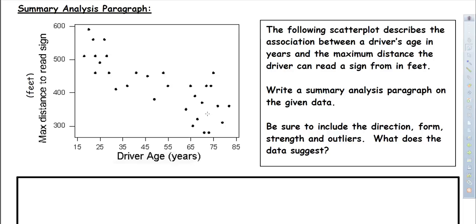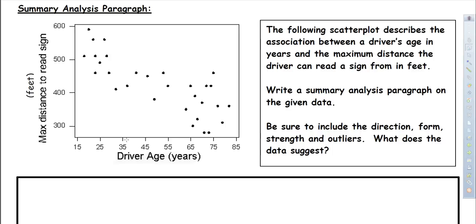And those are the things that you want to write about. So remember, when we're writing our summary analysis, it's important to start with an introduction sentence. So you want to have an intro, tell the reader what they're looking at, address the 4 parts, the direction, the form, the strength, and the outliers, and make sure to write about, well, what does the data suggest? The data suggests that, what is this telling you?